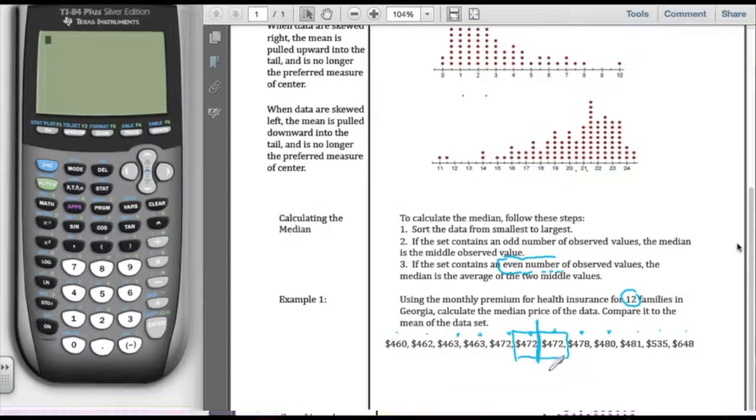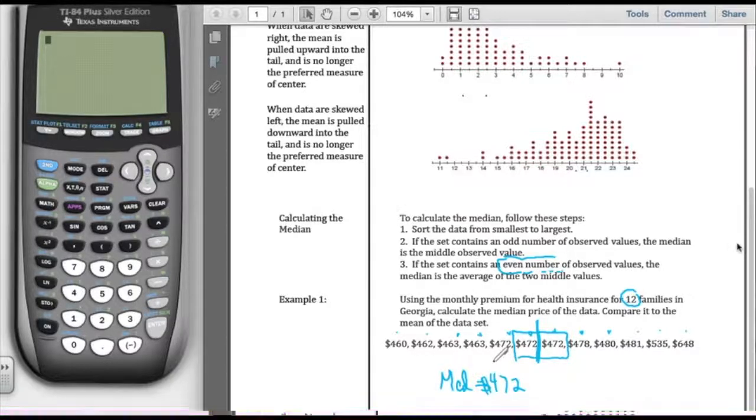So if I average those together, if I just add them together and divide by 2, that median will be 472 as well. So I would say, well, that's the typical price. That's how much an average Georgia family would pay for health insurance each month.